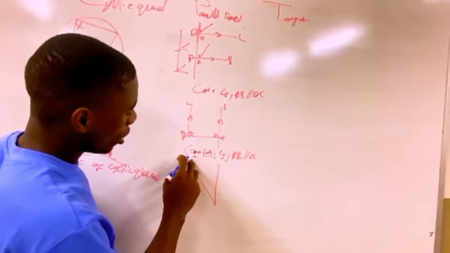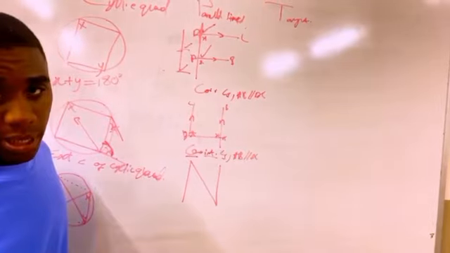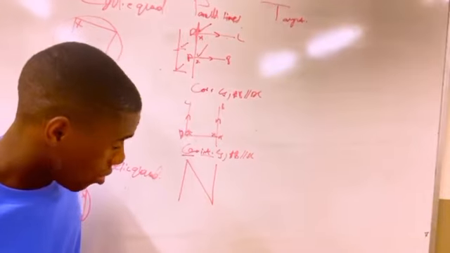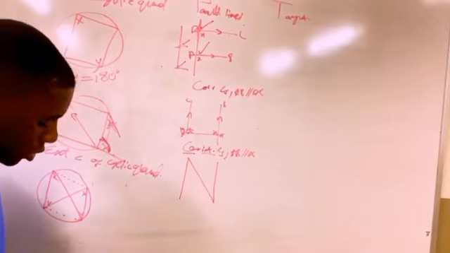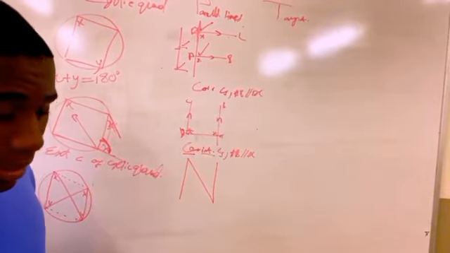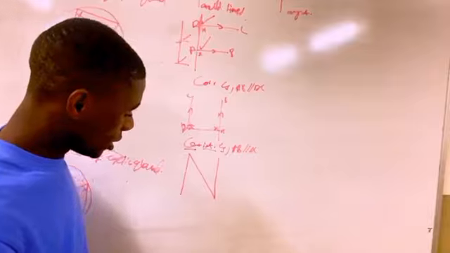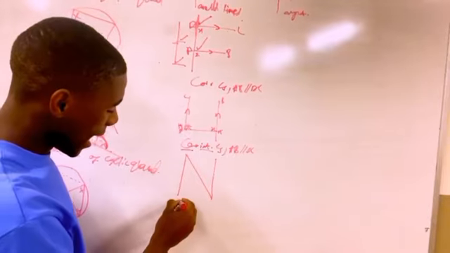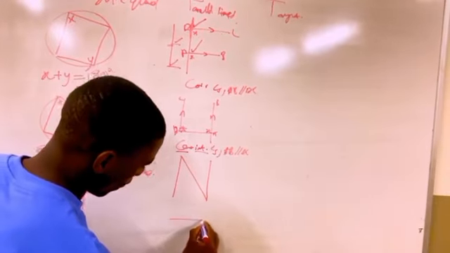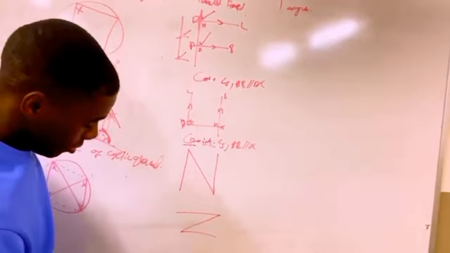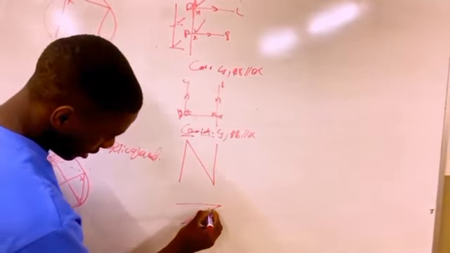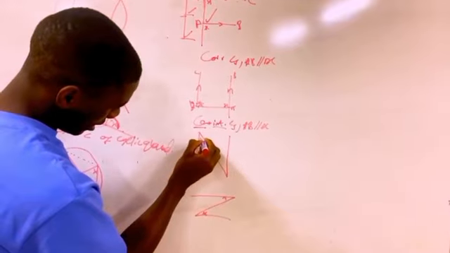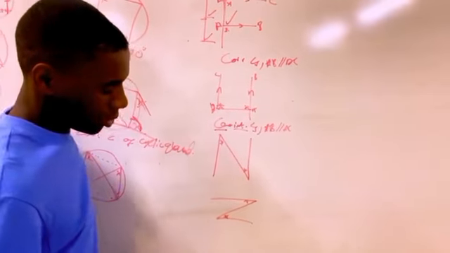So we say co-interior angles are supplementary, meaning they add up to 180. Then we move to the last one, which we call alternate angles. They form an N shape, or you can say they form a Z shape. This means that this angle is equal to this angle, and this angle is equal to this angle.